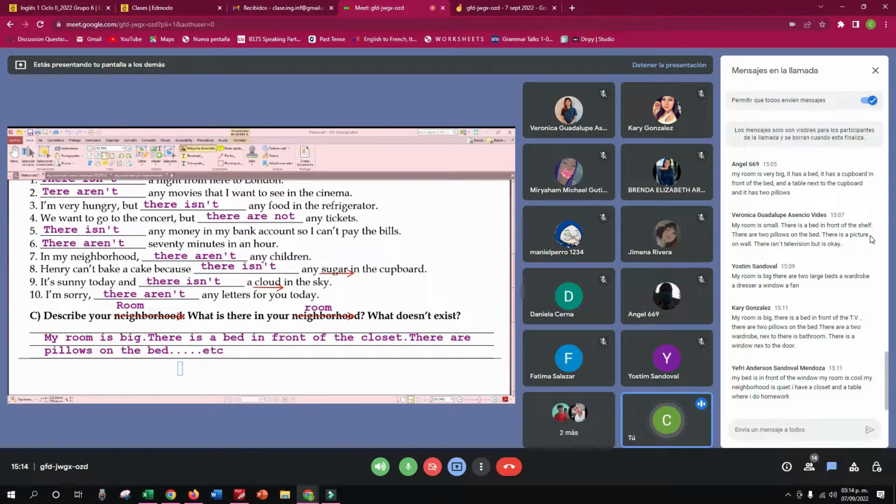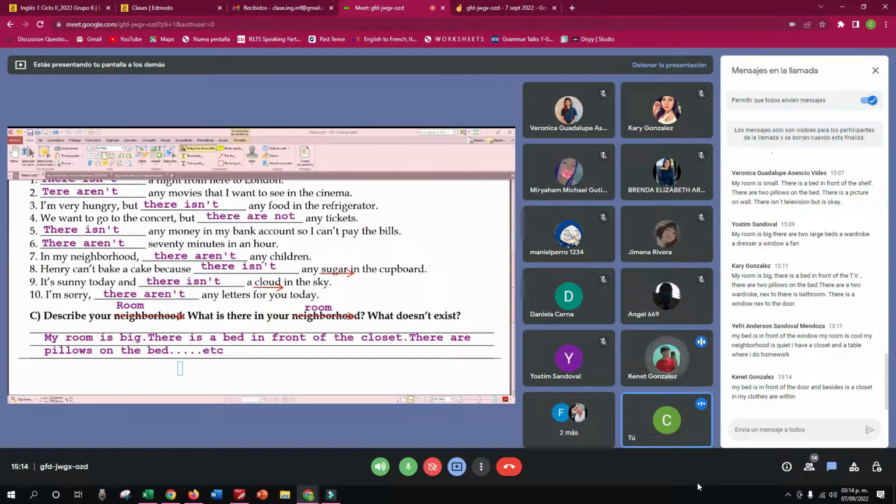So guys, let's check. Excellent. My bed is in front of the door and besides is closet. And my clothes are, my clothes are within.